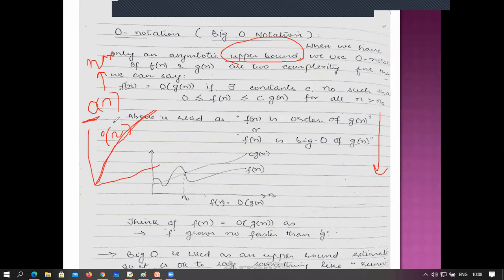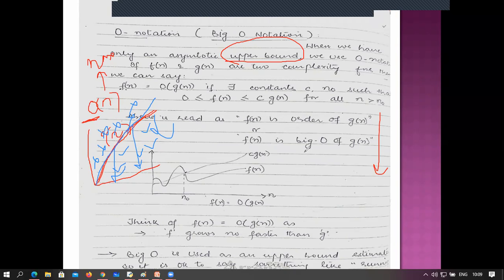Big O is saying that the complexity of this algorithm can't be in this area because this is the maximum complexity, but it may be lesser than that. It doesn't show that the complexity is exactly 10. What I'm saying is, maximum is n, so it can be lesser than n. It can be in this area, but it can't be more than n. That is the meaning of big O of n.